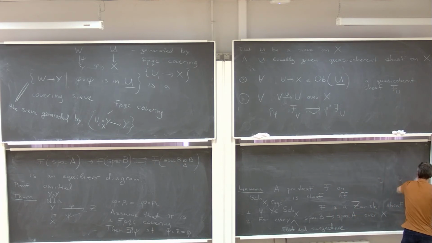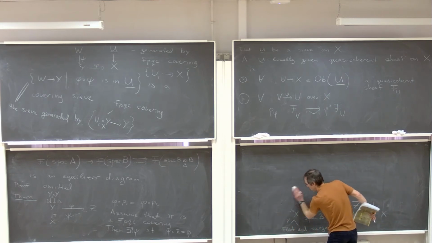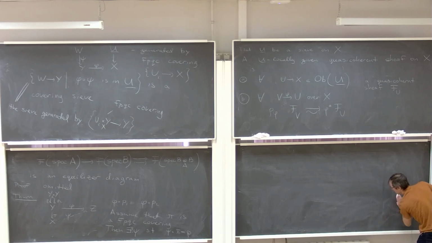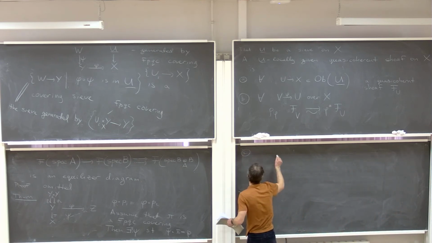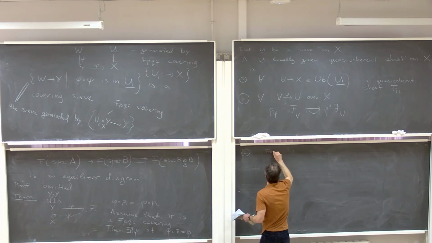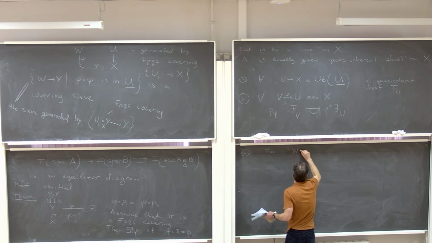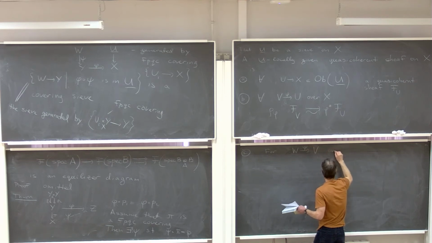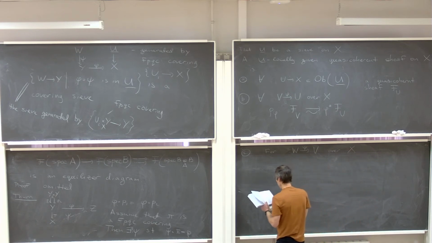So the condition is the following: for another morphism, from W to V, let's call it psi over X, the following diagram is commutative.